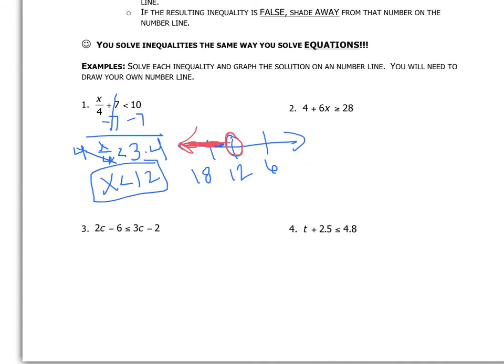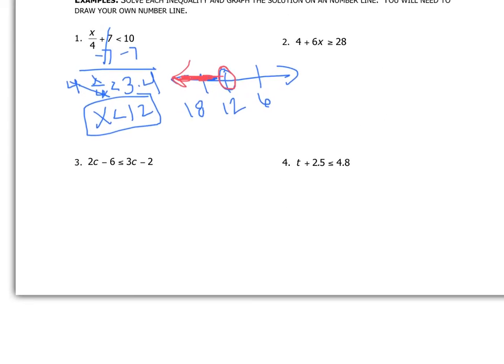So let's try number 3. I'll switch back to blue here. We'll try number 3. Scroll down. Variables on both sides. Remember, just like before, you want to bring it to the variable that has the highest value. So on the left, because I need to cross through the sign here, I'm going to do the opposite, which is minus 2c. These will cancel.